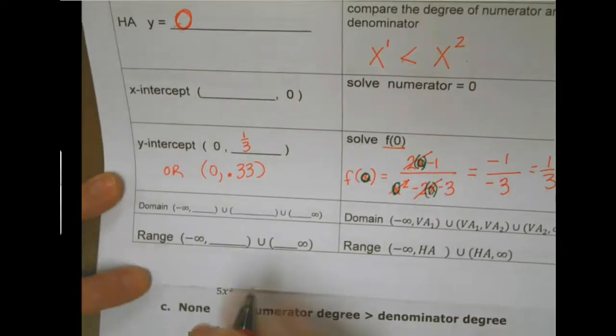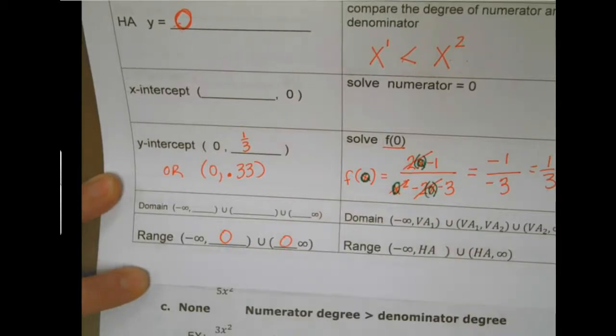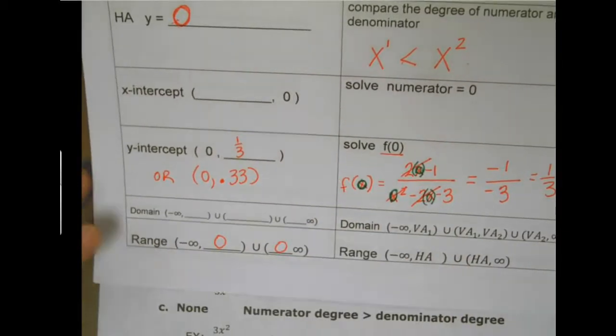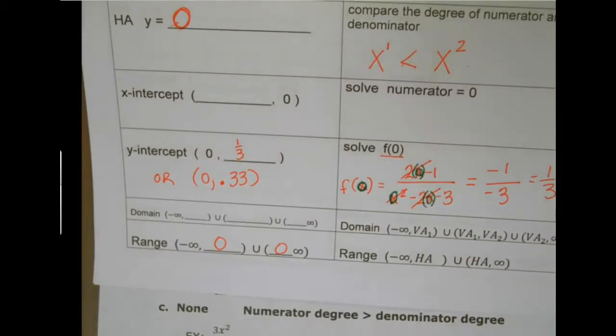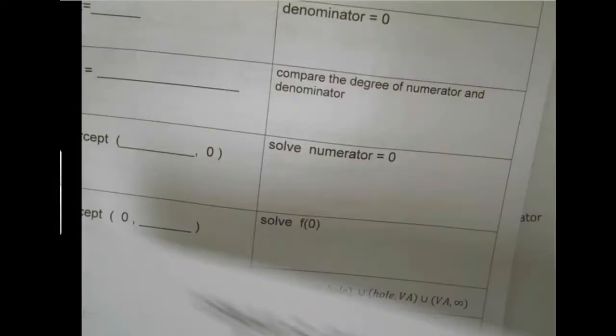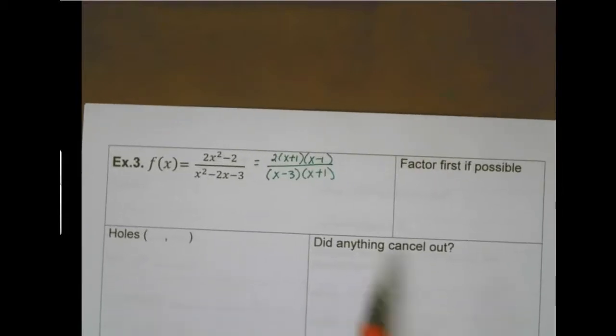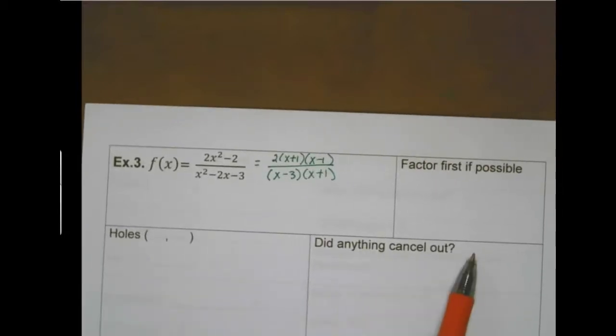The range is everything except the horizontal asymptote. In problem number 3, did anything cancel out?